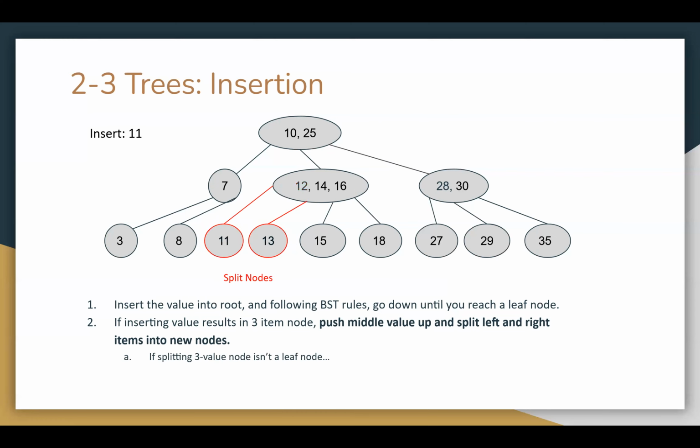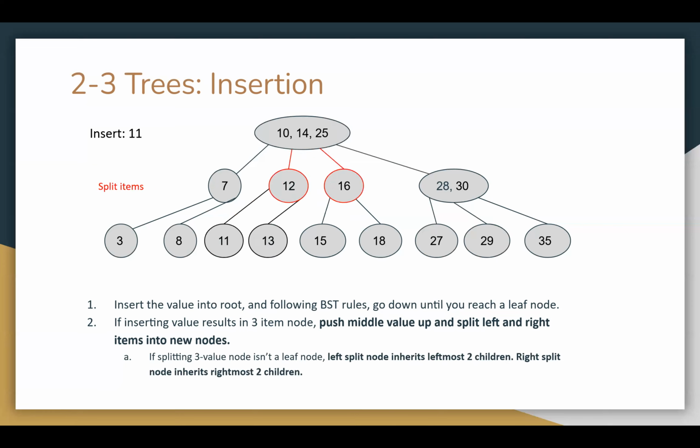And this creates a very interesting situation where after we split the leaf nodes, we have this monster node with 3 items and 4 children. So what do we do? Well, first we do the same things that we did to the middle node. We push the middle value up because right now this node has 3 items, and that's bad. So we push the middle value up into our parent node.